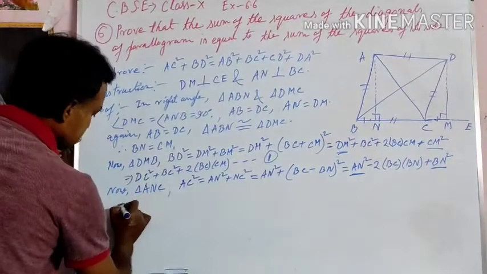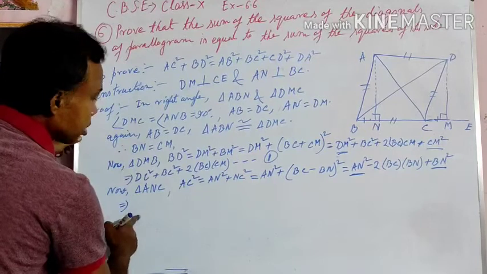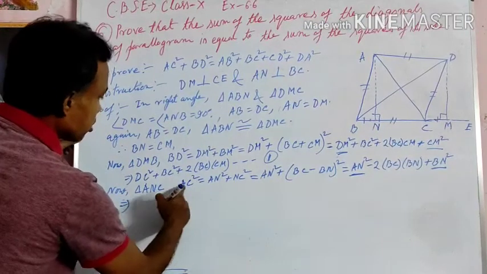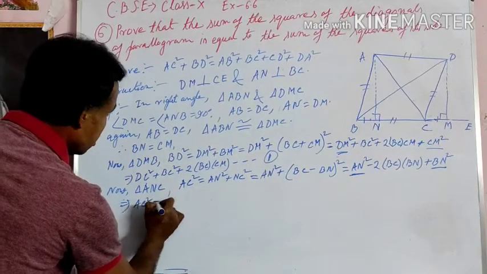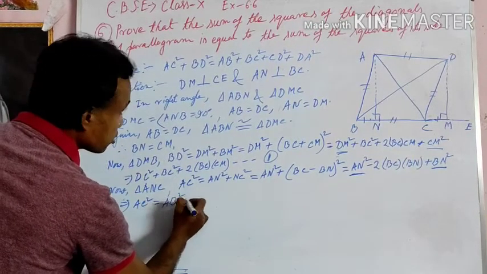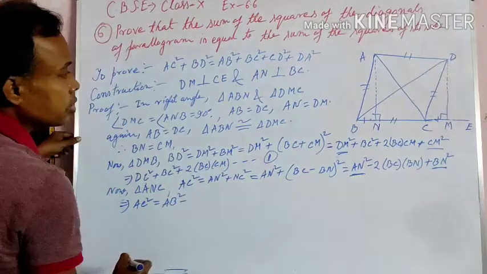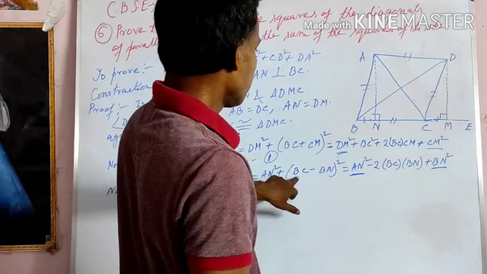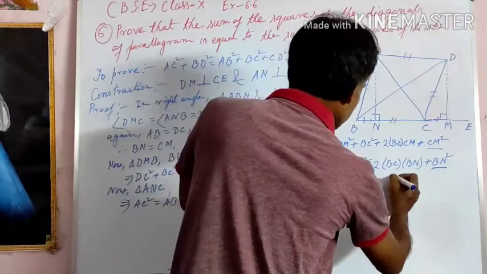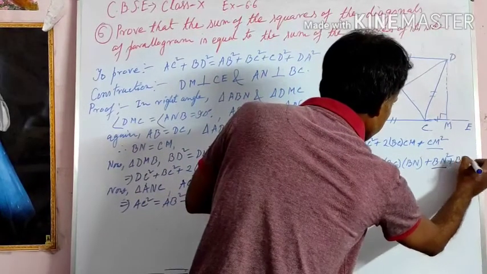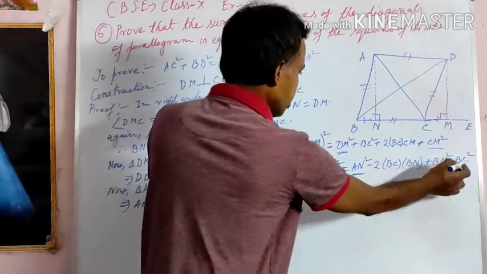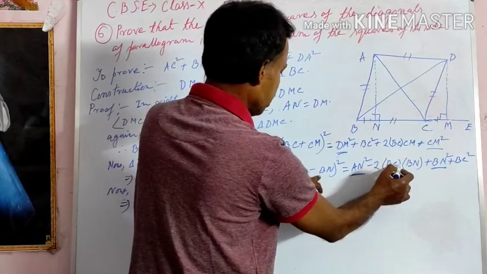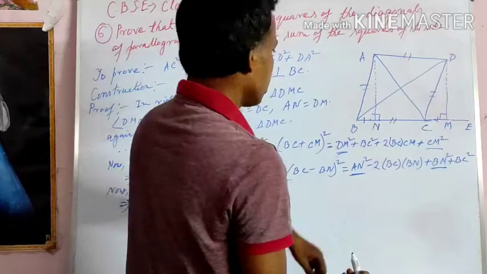So now, we can write AC square is equal to AB square plus BC square, here A square means BC square, plus B square means BN square, minus 2AB means minus 2 BC into BN, and AN is already given here.